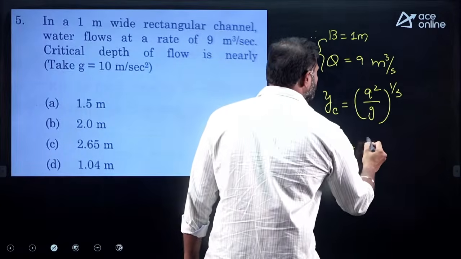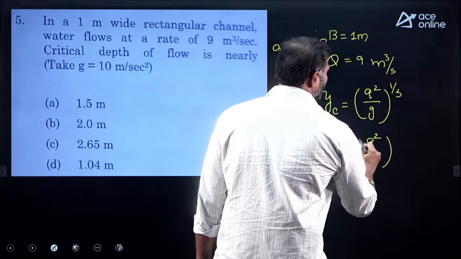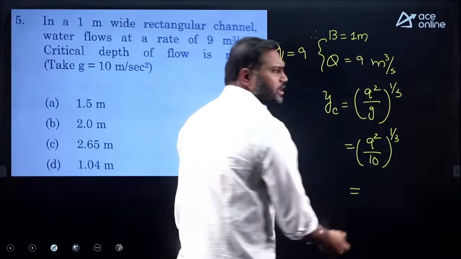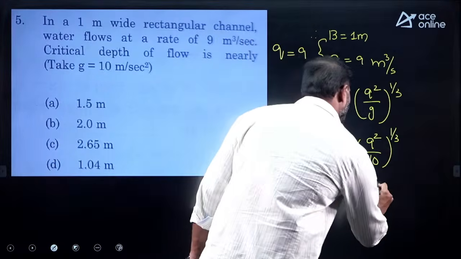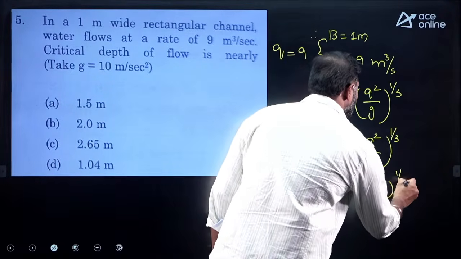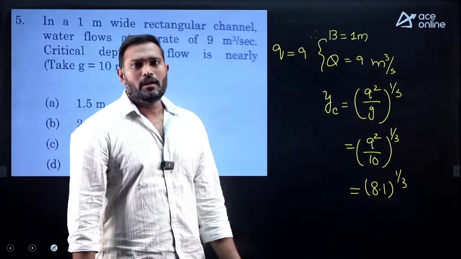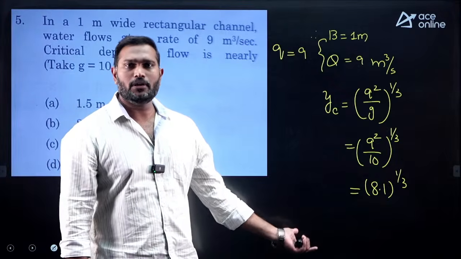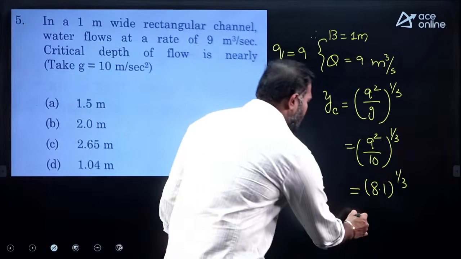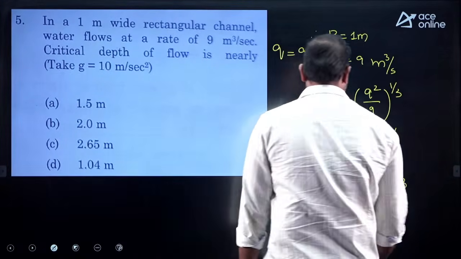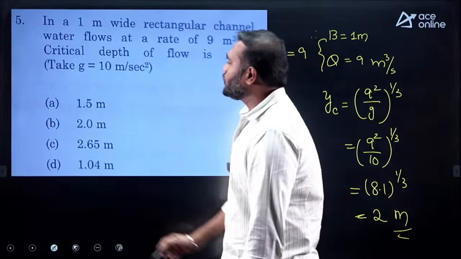So (9 square by 10) whole power 1 by 3. 9 square is 81, 81 by 10 is 8.1, whole power 1 by 3. Forget about that one. 8 is nothing but 2 cube, and 2 cube whole power 1 by 3 is approximately equal to 2. The answer is 2 meters.